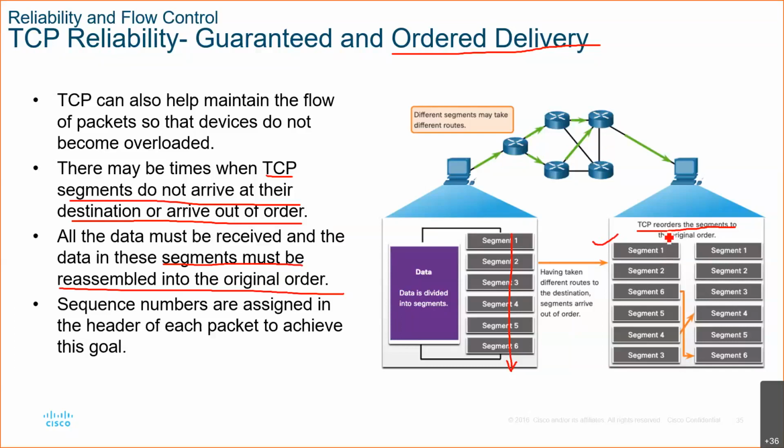So TCP has got a function to arrange it in a proper order. How does this magic happen? Because every segment has got a sequence number associated with it. And based on that sequence number, it can know this segment belongs to which message and what is the sequence number.